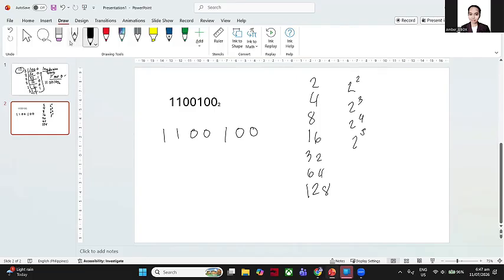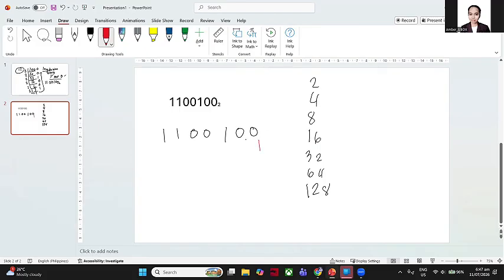That's why we use base 2. Now how do we integrate this? Let's change color. Each corresponding digit of the binary has a value.